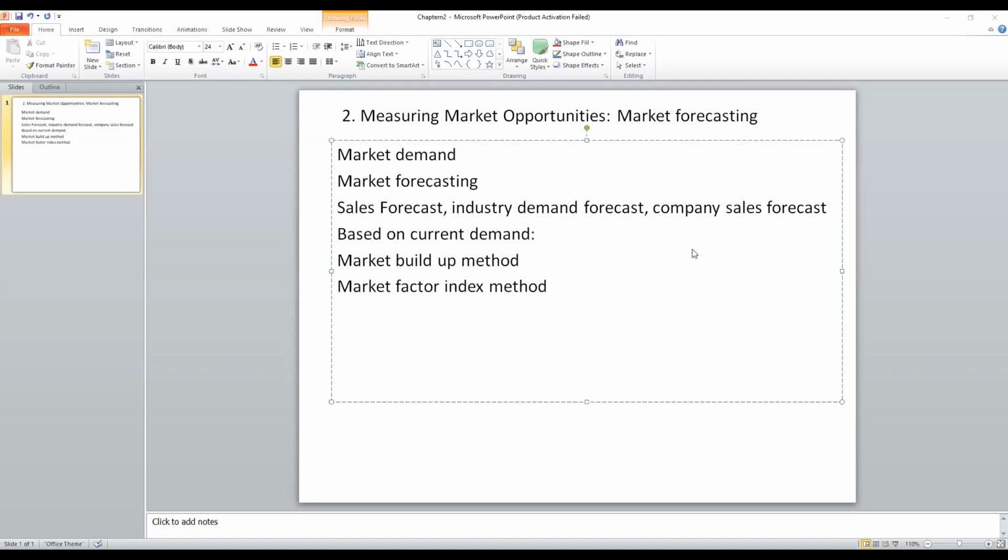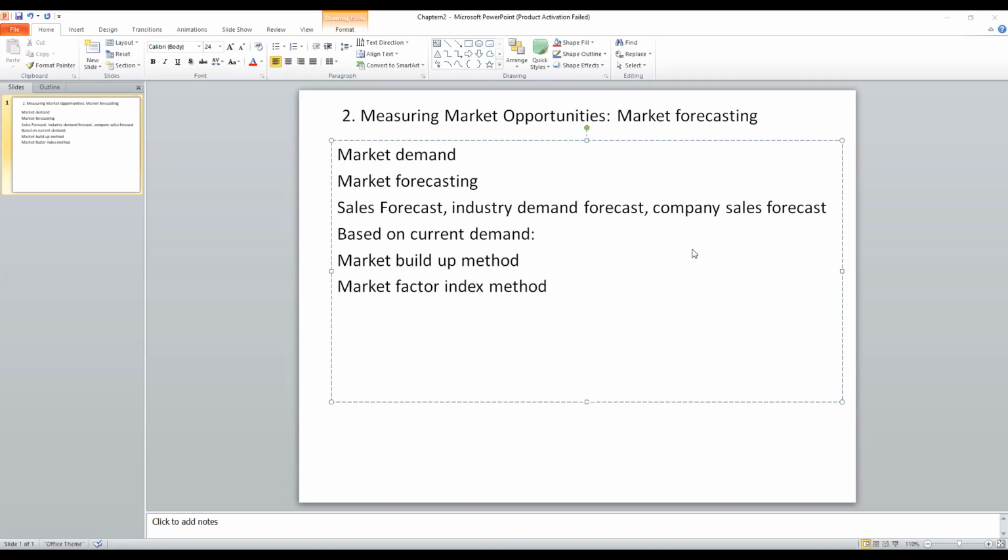So basically, when the companies find the market very attractive, they try to estimate the current size and potential of the market. One cannot think of entering a new market with the existing product blindly, or with the new product in the existing market blindly.